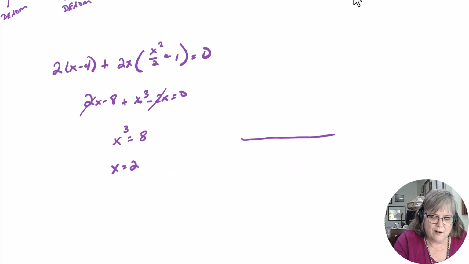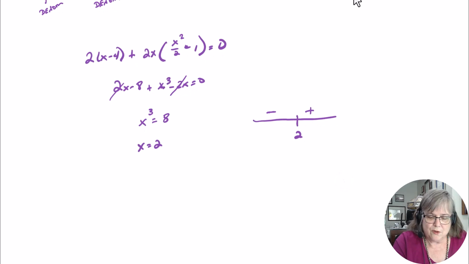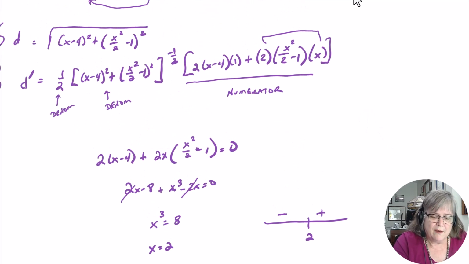And if you go over here and use 2 and you check to the left and the right, this is going to be negative and this is going to be positive. Let's talk about this for just a second. If this 1/2 is down at the bottom, it's going to be positive. This part that's down at the bottom and then square rooted is going to be positive unless you have imaginary numbers down there, which are not.